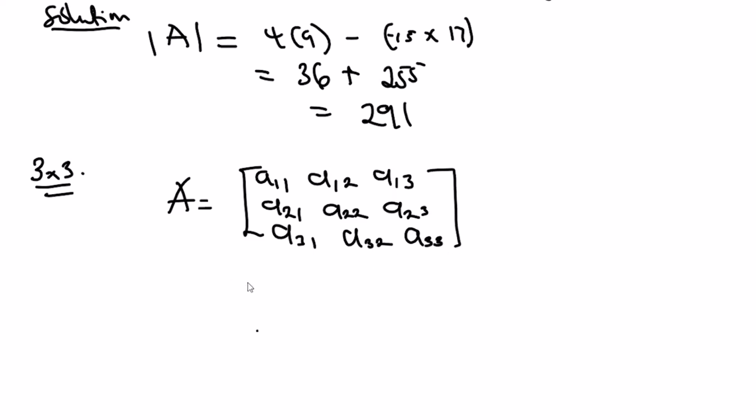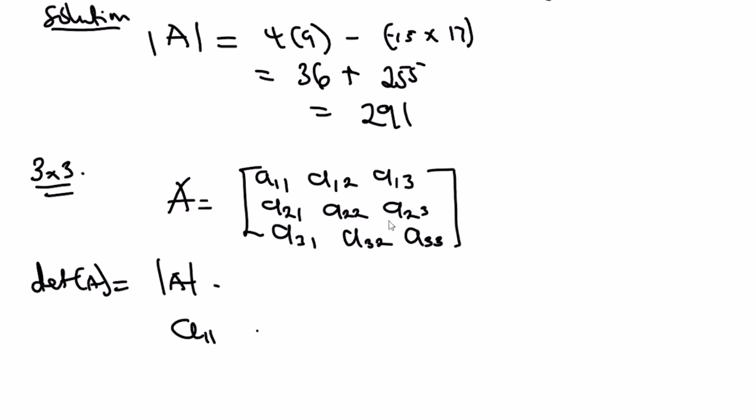Now, to find the determinant of this matrix, which is denoted as det A, for this one you consider only a row or a column. So let's consider the first row. Now the first entry is A11. You take that one, you cross the row, cross the column.